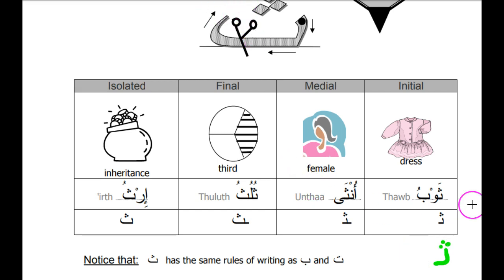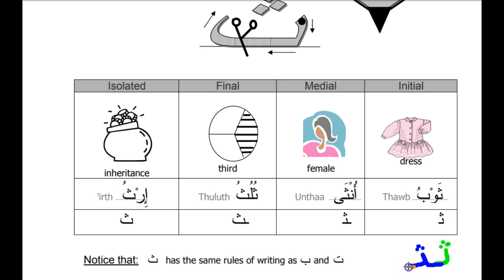The example is thawb. Thawb means dress. When it's in the middle, it looks like the other letters. The difference is you just add the 3 dots. The example is untha. Untha, which means female.